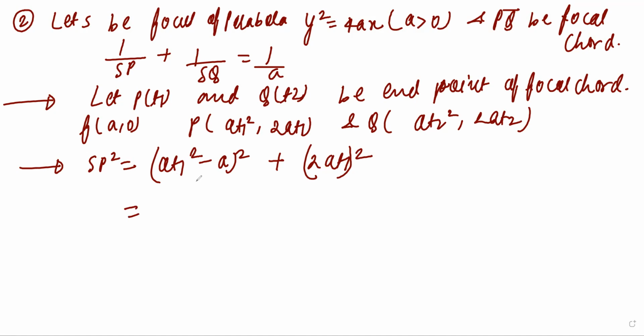Expand this using the square formula. So it is a square t1 raised to 4 plus a square minus 2a square t1 square plus 4a square t1 square.